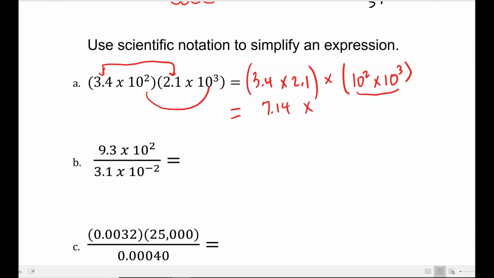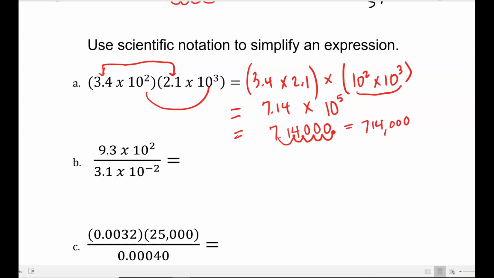And then here, you could simply add the exponents because you have the same base of 10 and you're multiplying. And now, since you understand how to convert from scientific notation to standard notation, you can simply move that decimal 1, 2, 3, 4, 5 places to the right. And what you get is 714,000.